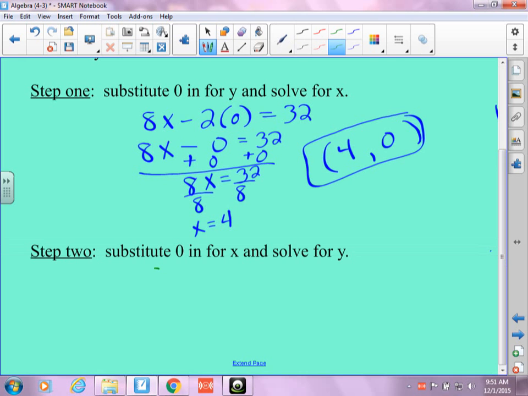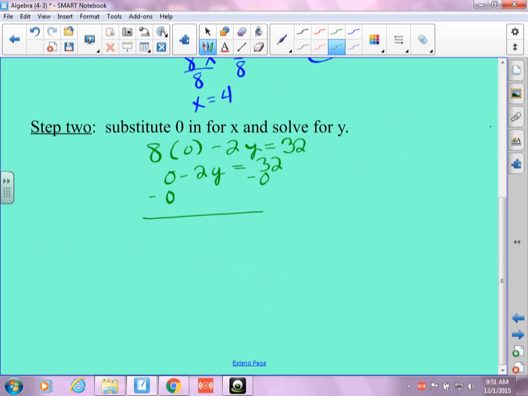So I'm going to take the same equation, but I'm going to put in 0 for x. Subtract my 0. Divide by negative 2. And my y gives me negative 16.